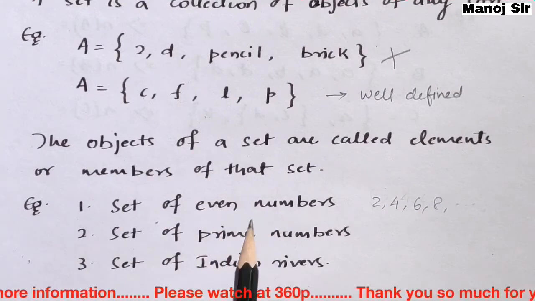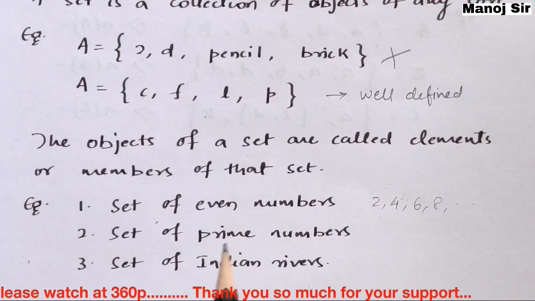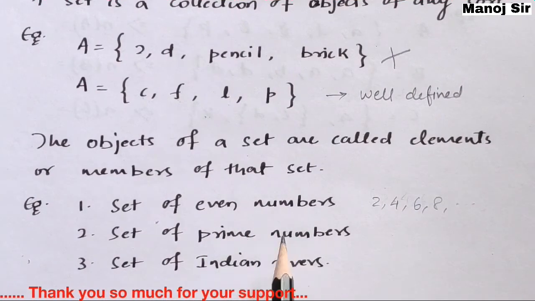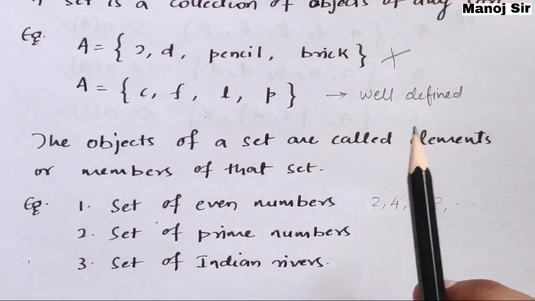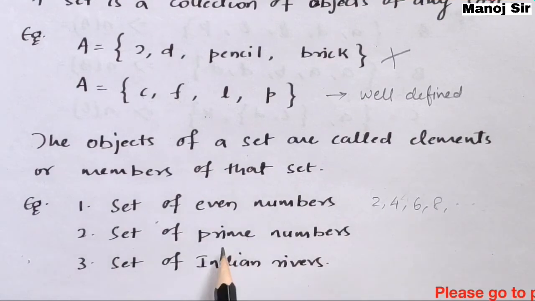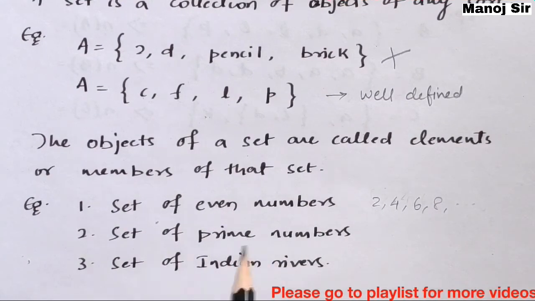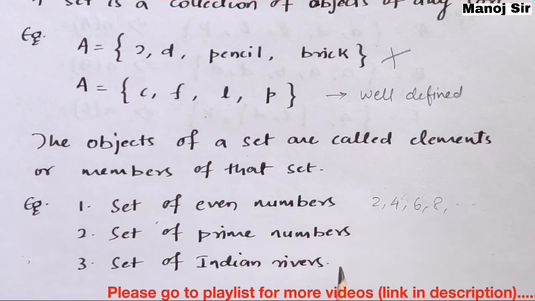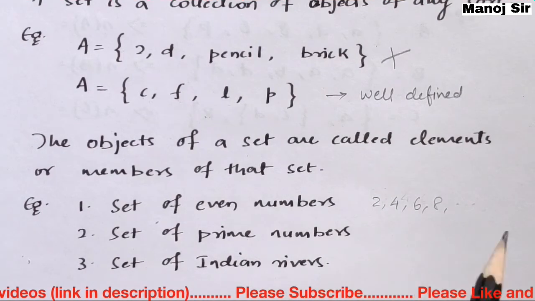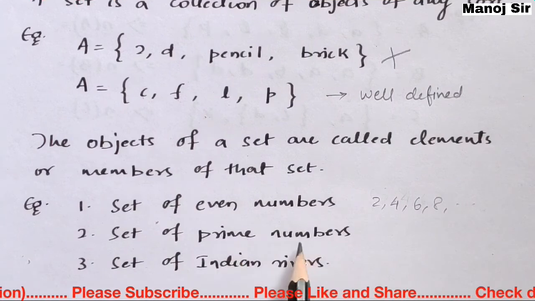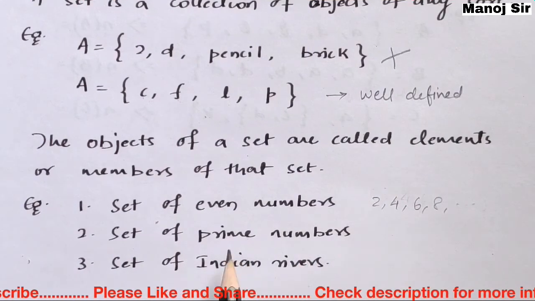For example, 5 is a prime number because it is divisible only by 1 or 5. So the set of prime numbers is also well defined. Please write in the comment section the least number which is a prime number.